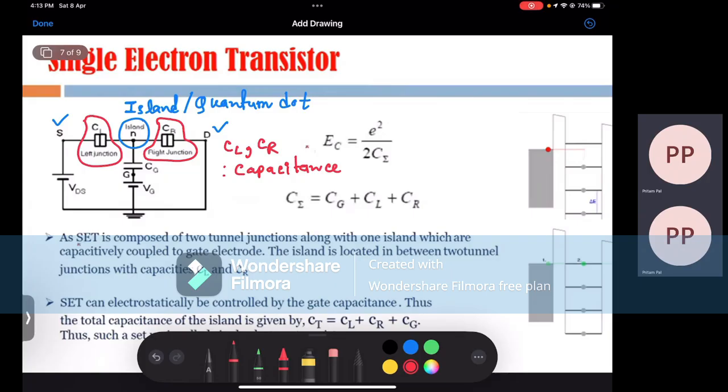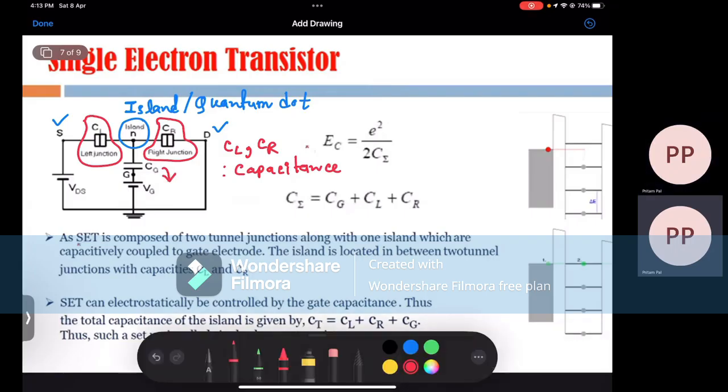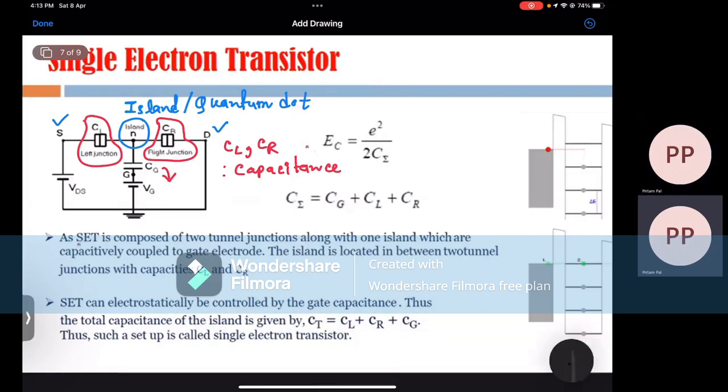This one, CG, this terminal we have introduced here. And that gate terminal introduces another capacitance that is called the gate capacitance, right?